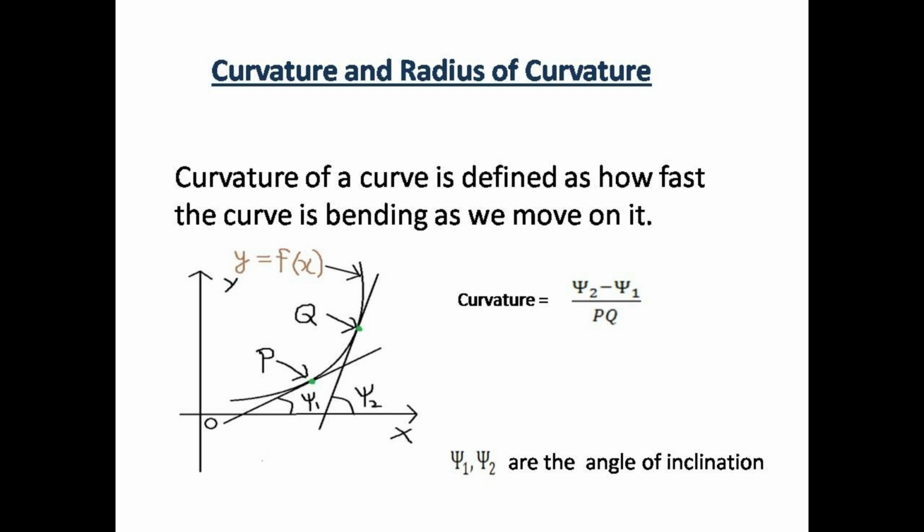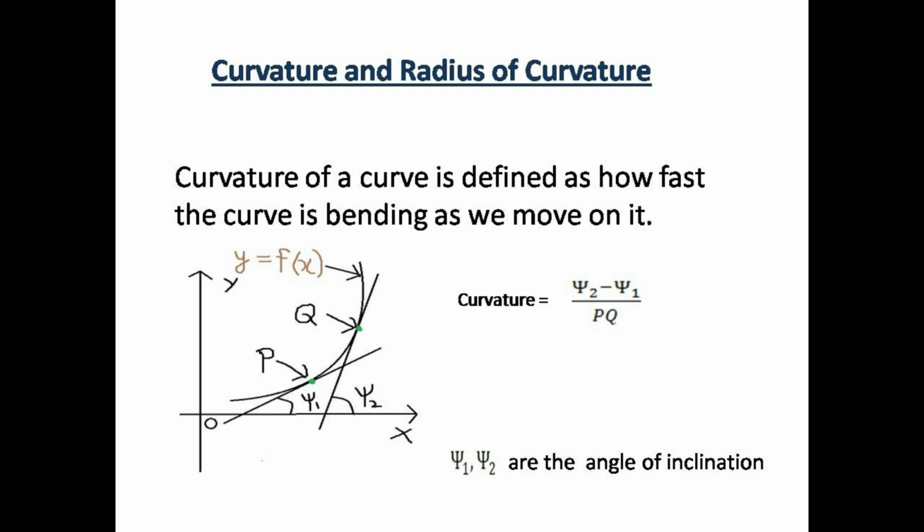So, as one moves along the curve from point P to Q, we see that the inclination angle changes with change in arc length. This is how curvature is measured. That is, we find the change in the inclination angle and the corresponding change in arc length and find the ratio.